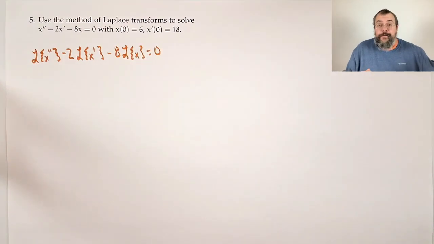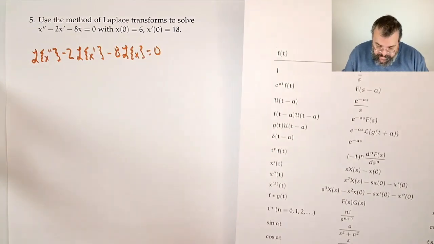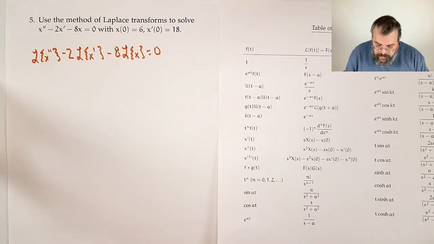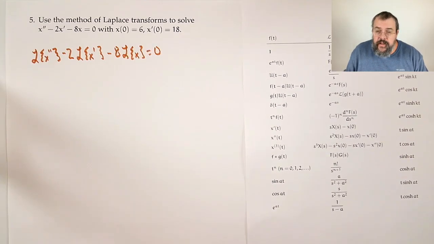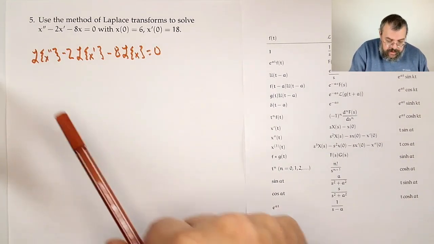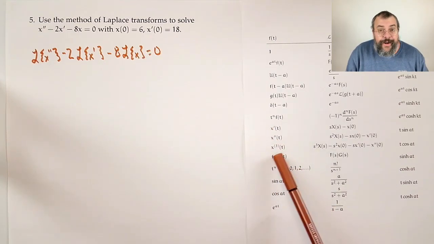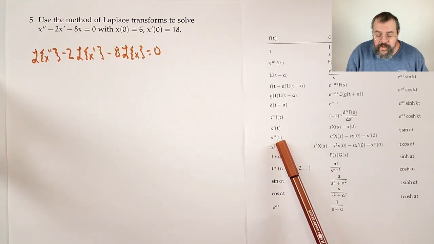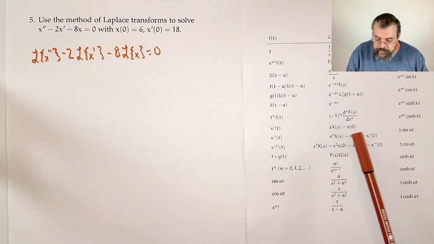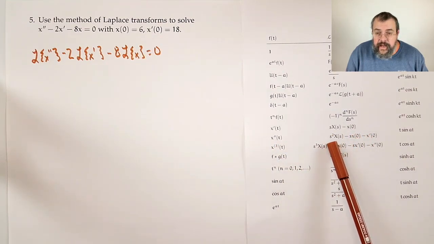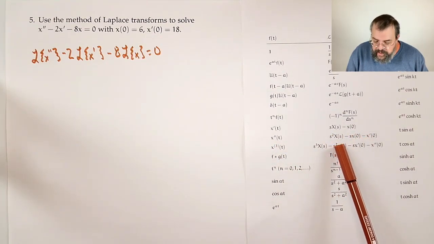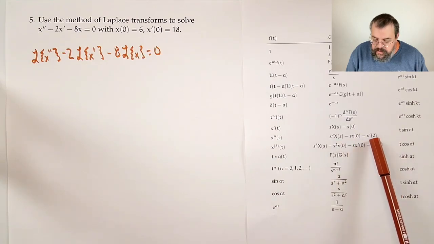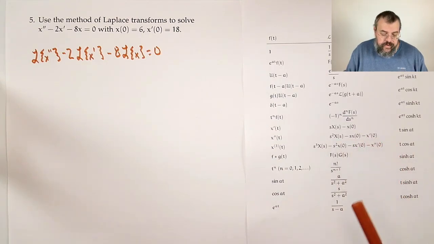All right. And now we'll pull out our table here. And we say, okay, what do we do with things like x double prime and x prime? Well, it's on our table. It tells us. So for x double prime, s squared X of s, and subtract s times x of 0, subtract x prime of 0.